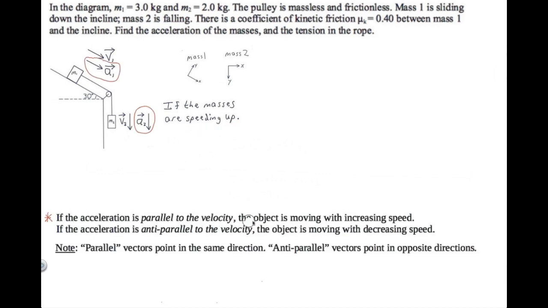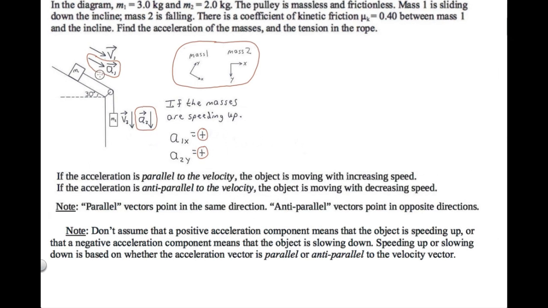Then, based on this rule, A1 will be parallel to V1, and A2 will be parallel to V2. So, A1 will point parallel to and down the incline, and A2 will point straight down. So, A1 will point in the positive x direction we've chosen for mass 1.